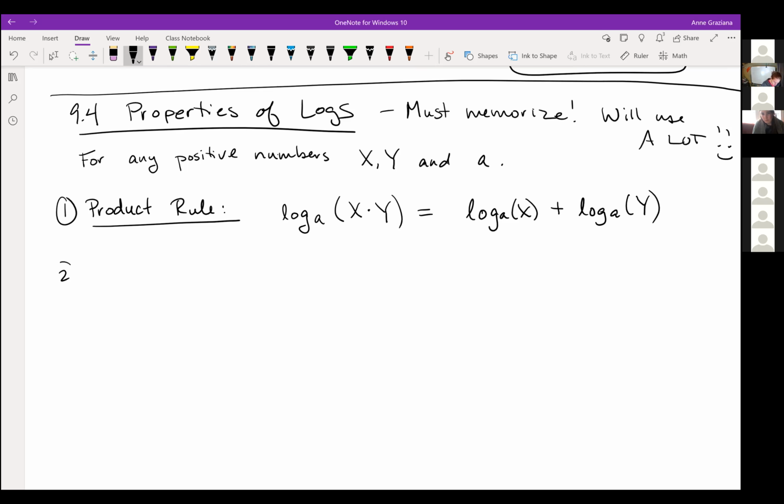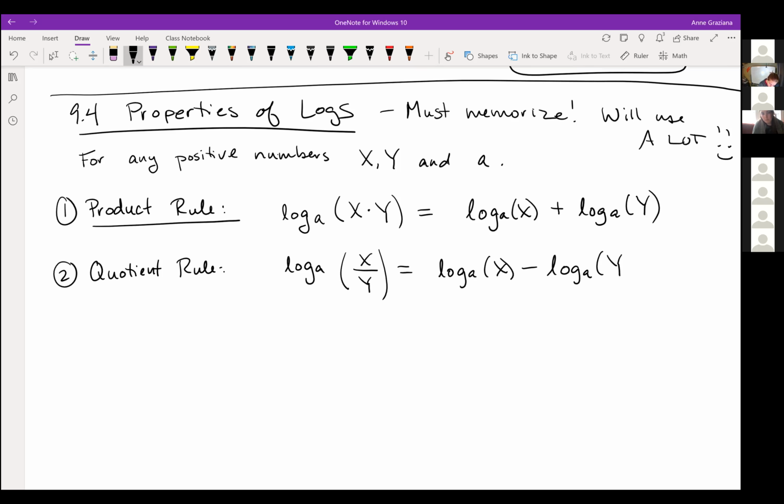All right, 2 is something called the quotient rule. Now, if I have a fraction, which is a quotient, this is the same as saying log base A of X minus log base A of Y. Okay.